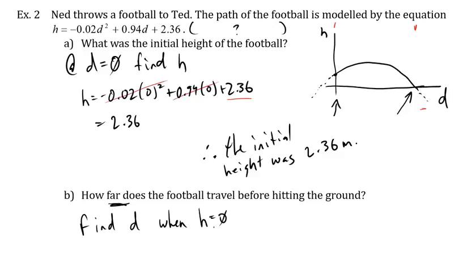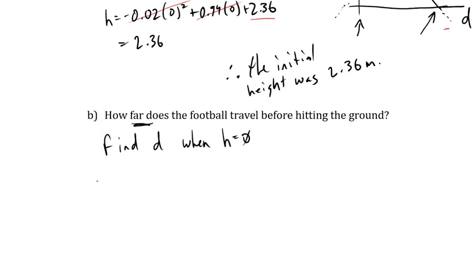This is another skill that we have. Sub that into the equation, and I get 0 equals negative 0.02 d squared plus 0.94 d plus 2.36.